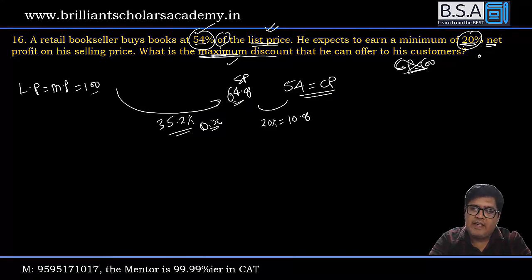So we are charging 64.8%. The discount will be obtained by subtracting that from 100. Not 5 by 4, 6 by 5. Calculation error. There's a calculation error.